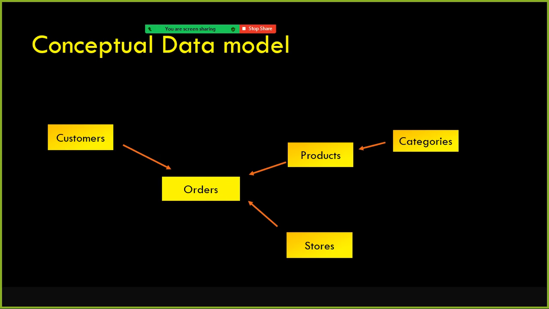With this, you are able to understand the big picture: what are the essential entities involved as part of the conceptual data model. Here we don't define all the attributes, which is nothing but the column names, of each entity. These are all the business facts that need to be included as part of your grocery store data model design.